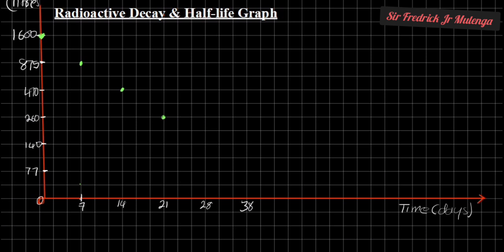Then 28, 140 is going to be here. So 140 is right there. Then 38, 77. So 77 is right there.